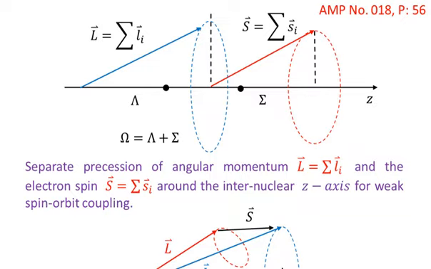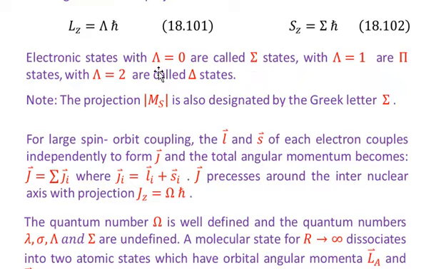So don't confuse this projection with the states of the molecule. Molecular states would be sigma. This sigma is not the projection, but the molecular state corresponding to capital lambda equal to 0. Similarly, with capital lambda equal to 1 and capital lambda equal to 2. Okay, this is what I have explained.